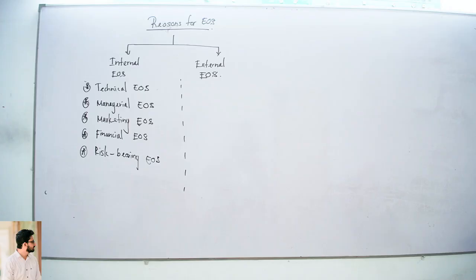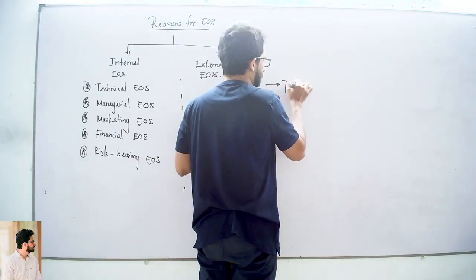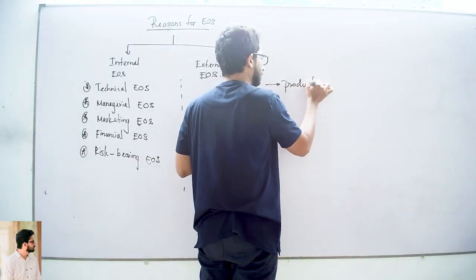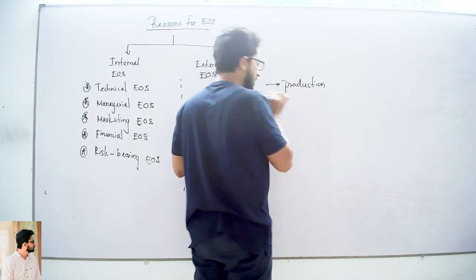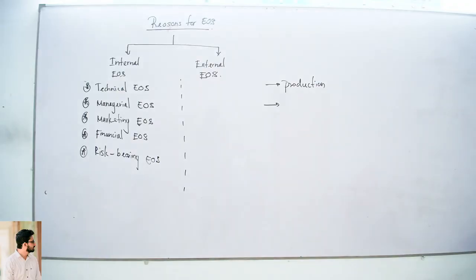Production. Very good. Production should be there. What else? What are the main functions of a business? Simple. Take an example, a small Pereira and Sons. Very normal business.